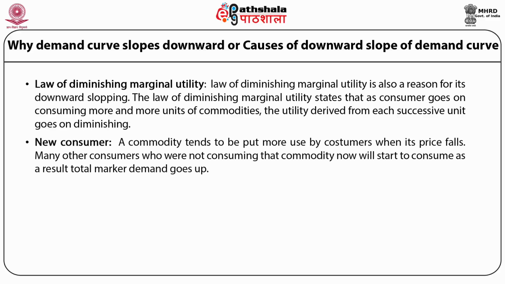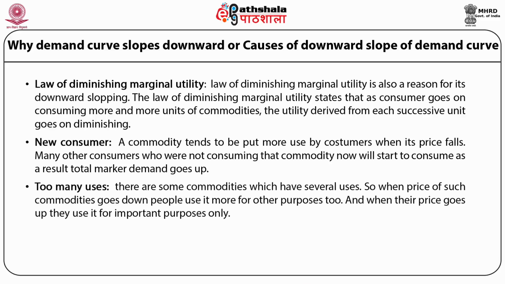New consumers. A commodity tends to be put to more use by customers when its price falls. Many other consumers who were not consuming that commodity will now start to consume. As a result, total market demand goes up. Too many uses. There are some commodities which have several uses.